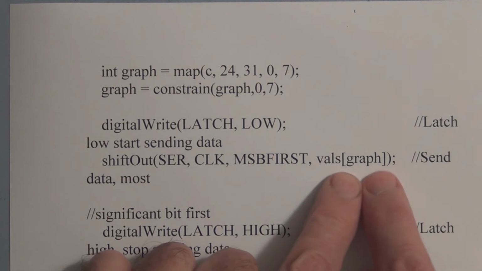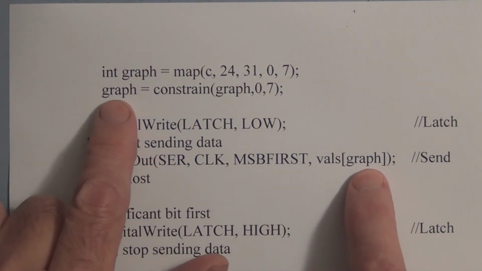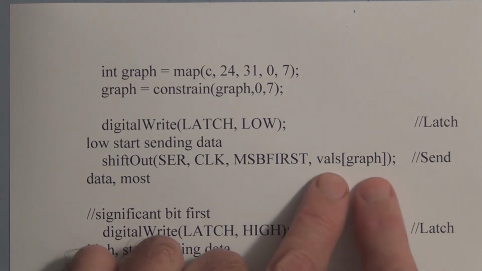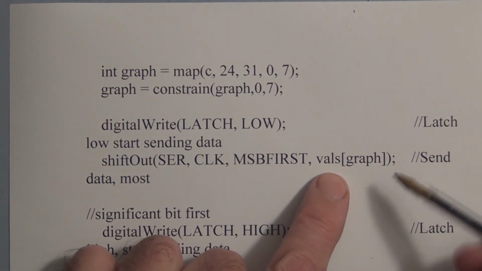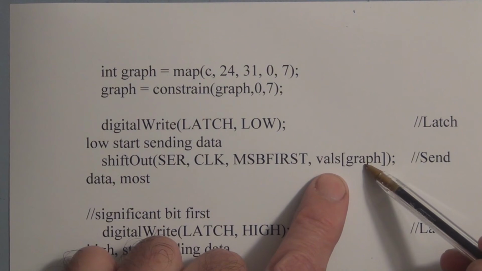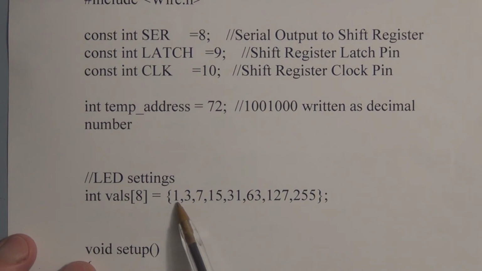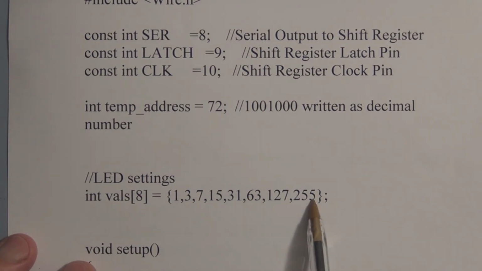We have vals and graph. Remember, graph is going to be a value from 0 to 7. So vals is an array, so depending on what number is in here, 0 through 7, that will point at one of these elements in the array, which are 0 indexed again, remember? So 0 through 7.